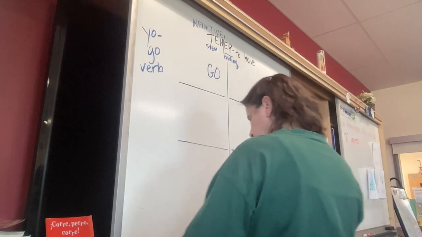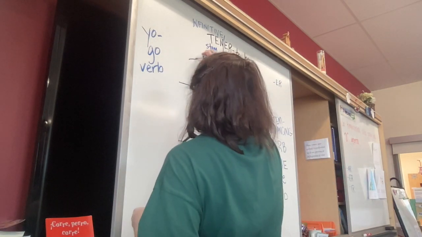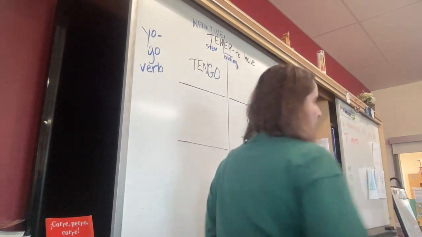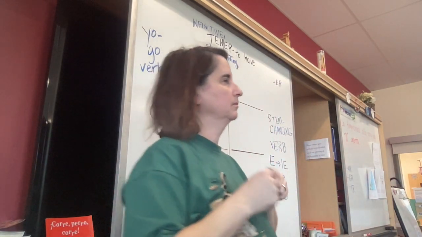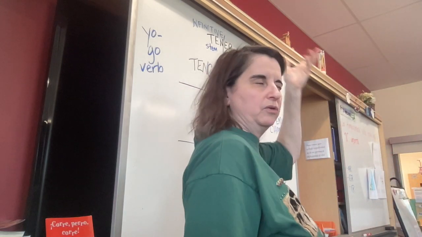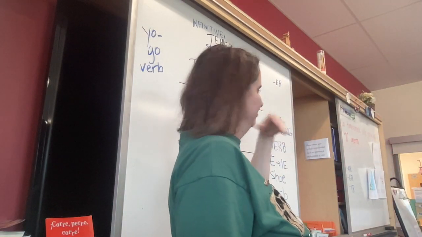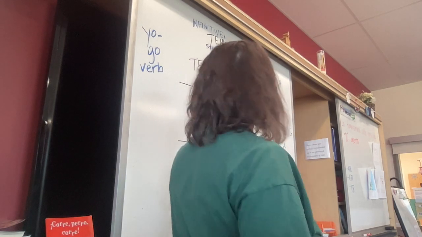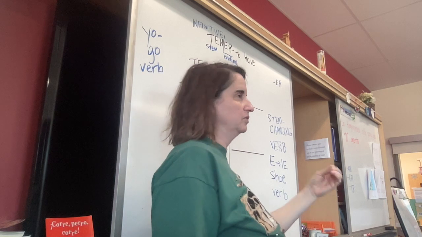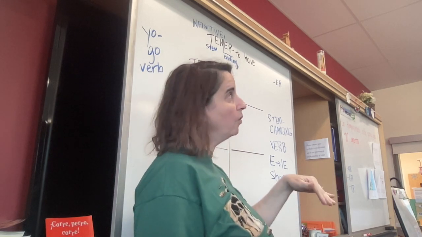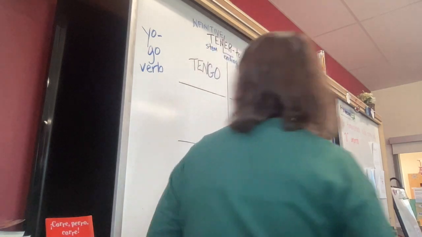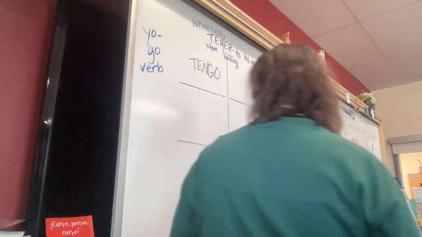So let me put my stem. Tengo. And we know that word, don't we? Tengo. So instead of saying tenno, it would normally do tenno, but it just rolls off the tongue better if you put the G in there. Tengo. There's tengo, vengo, pongo. There's a few, and we call them yo-go verbs.